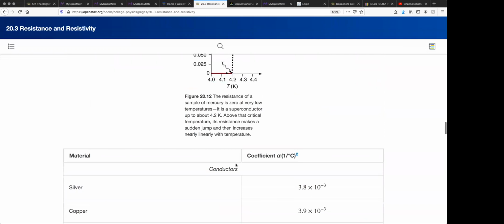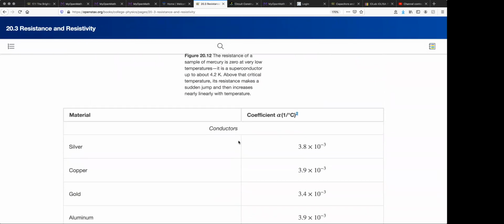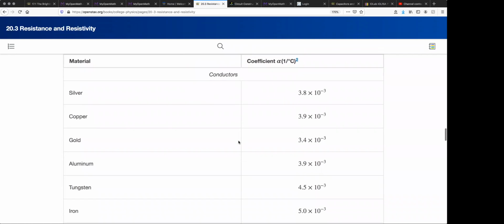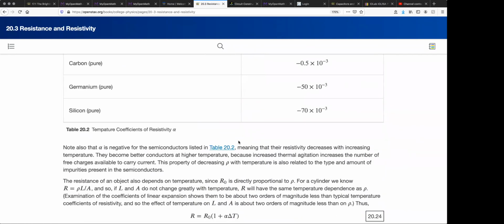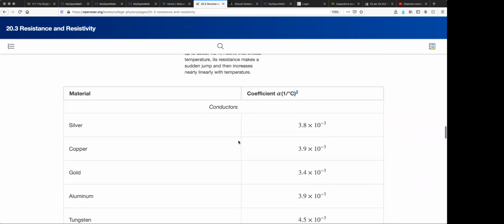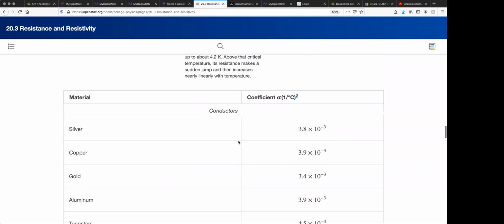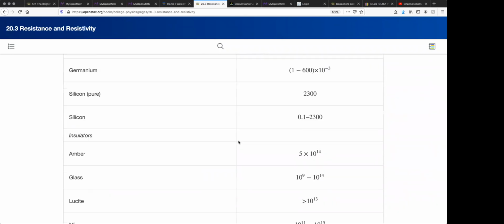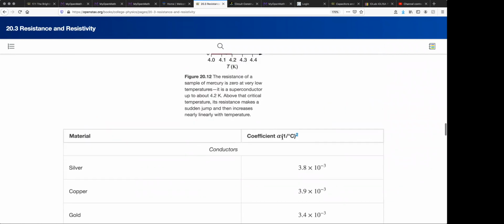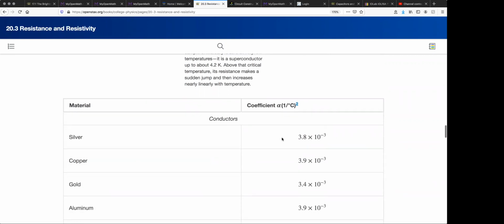That alpha is right here for all these materials. I can't remember what it's called, but it doesn't matter. It's just the temperature coefficient of resistivity. And you have these numbers here for each one.